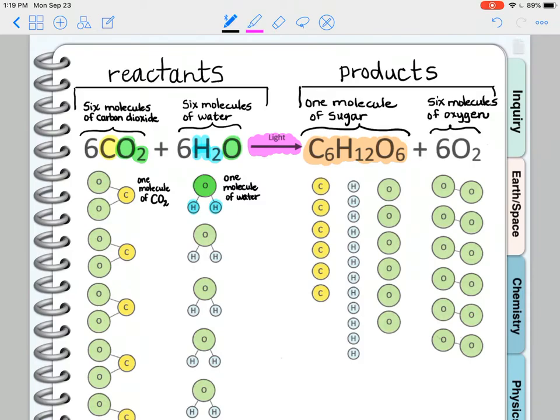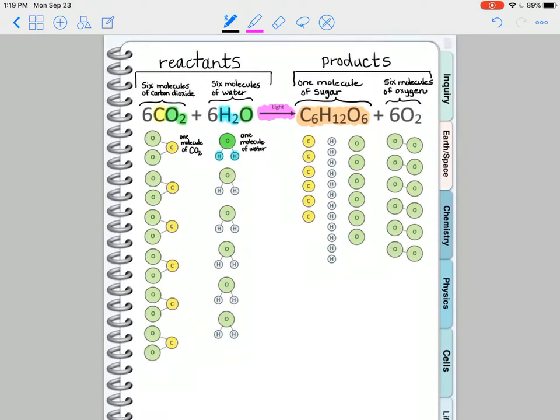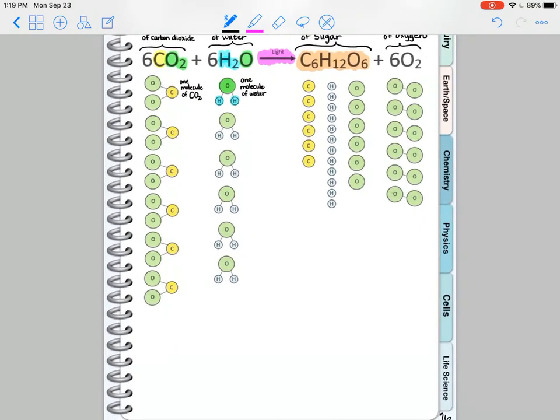So you might be thinking, what in the world is all of that? What does all of that mean? This is the formula for photosynthesis. And let me break that word down for you too. The formula for photosynthesis.